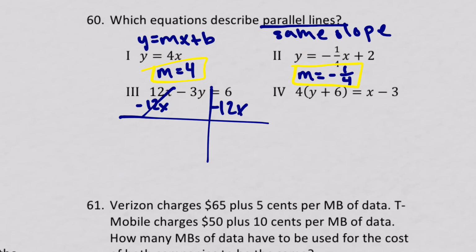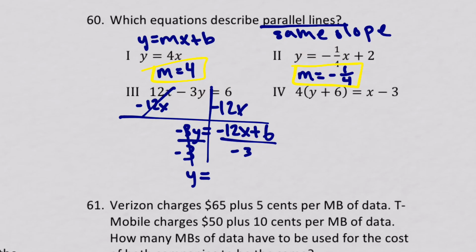On the left side, that cancels, so you have negative 3y. The 6 and the negative 12x do not combine with each other. They are not like terms. Don't make the rookie mistake here. So you're going to write negative 12x plus 6. And then you're going to divide by negative 3 on both sides, and that'll give you slope-intercept form.